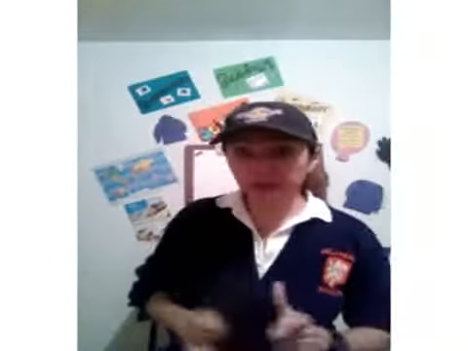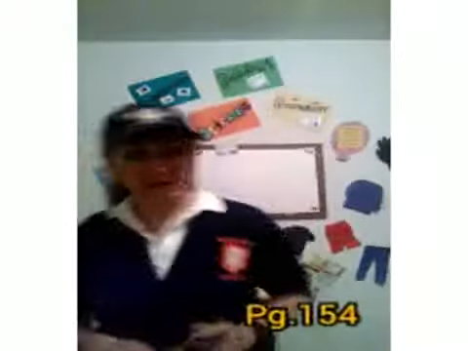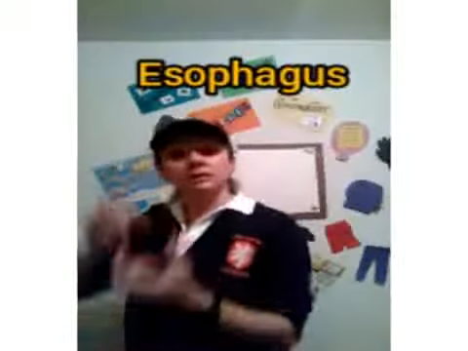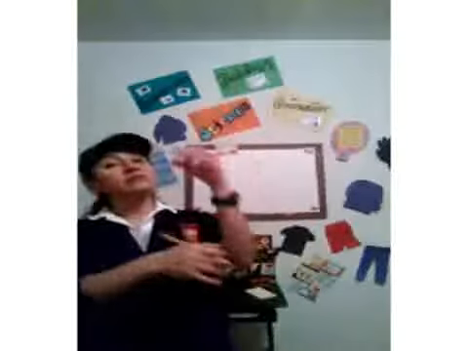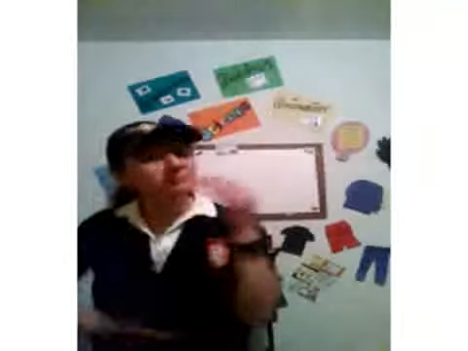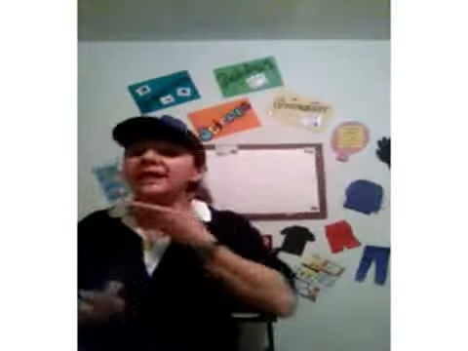On page 154, we have organ and job. First, we have the esophagus. The esophagus forms the main part of the tube I told you about before, when we eat food and it is swallowed and passes into our body. Number 1, esophagus. It's a long tube that begins in your throat.